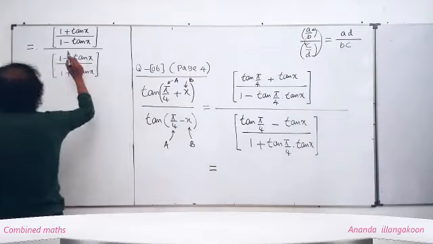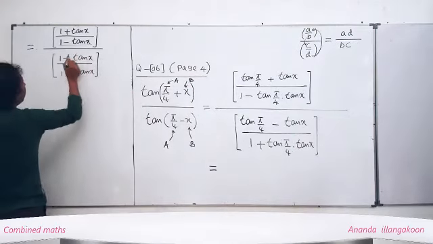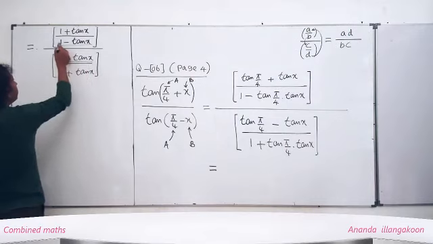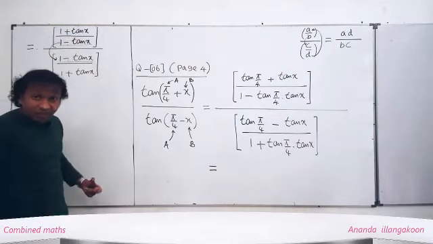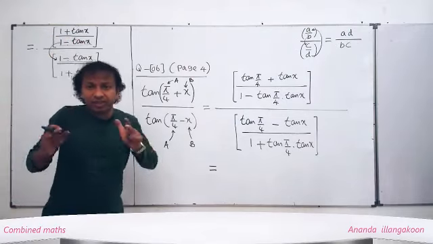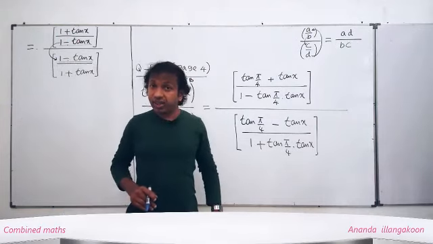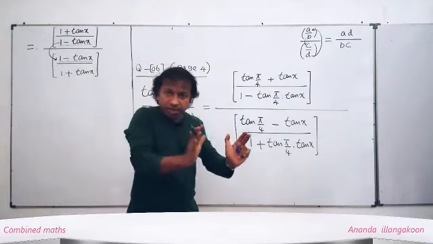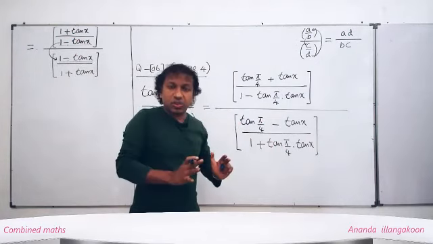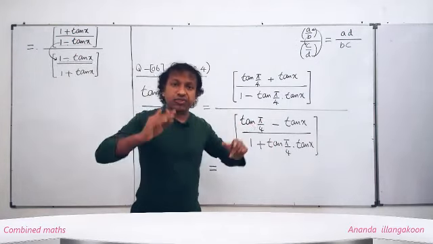Then the closer ones are this and this. We should bring this here and multiply with this: 1 minus tan x and this 1 minus tan x. The same thing we have to multiply, no? It's like, people, x multiplied by x is x squared. Like that, 1 minus tan x multiplied by 1 minus tan x is what? 1 minus tan x whole squared. Understand?